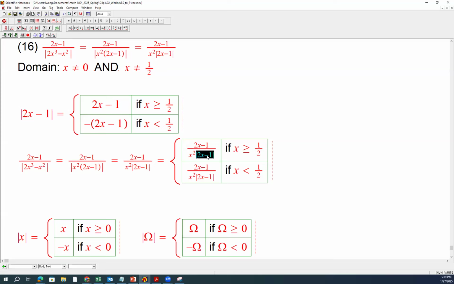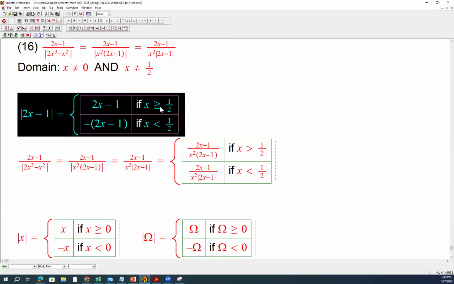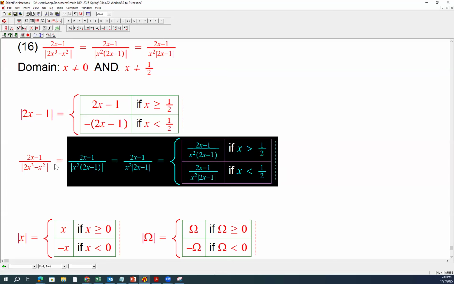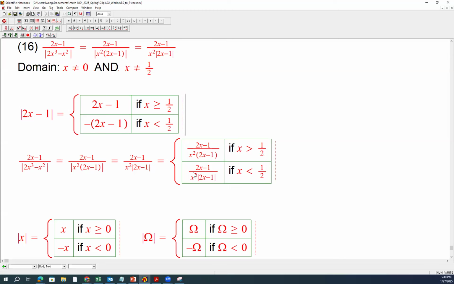So this absolute value sign can be dropped. And this absolute value sign can be dropped when x is less than half, but we need to change this to be greater than because of domain concern. Be aware, in this case, we don't need to drop the equal. But in this case, we must drop the equal because of domain.